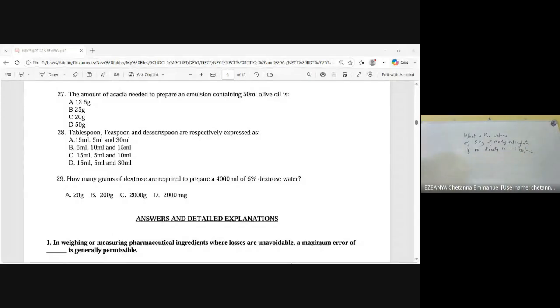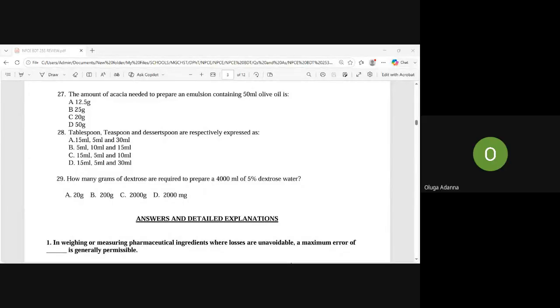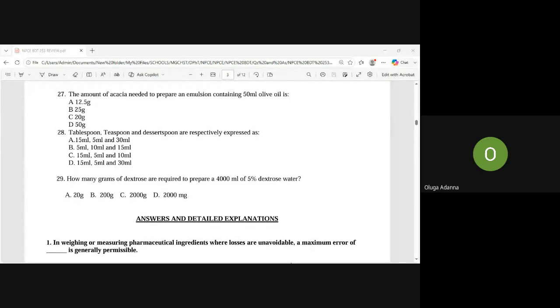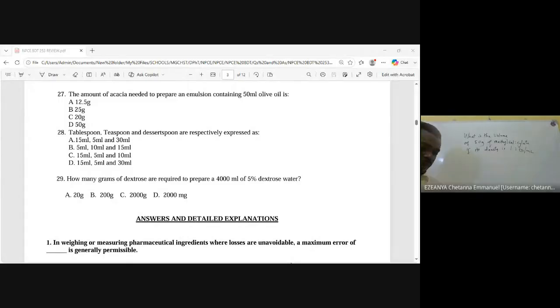What's the answer? Let's leave your calculator straight and tell me the answer. 42.74 mil. Again. 42.74 mil. Okay. I agree with you.